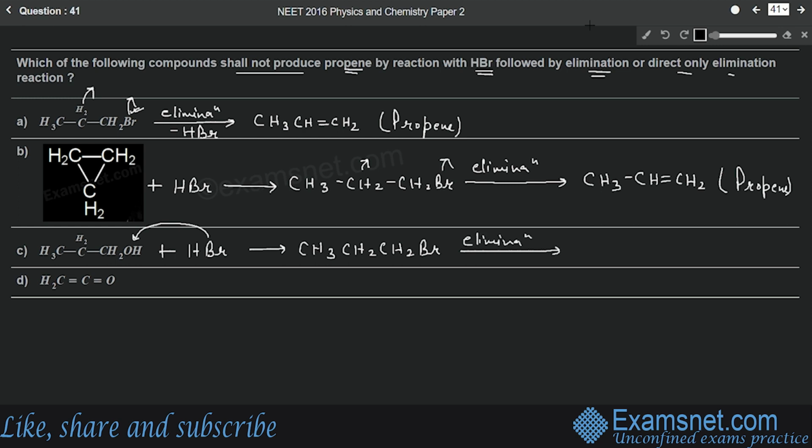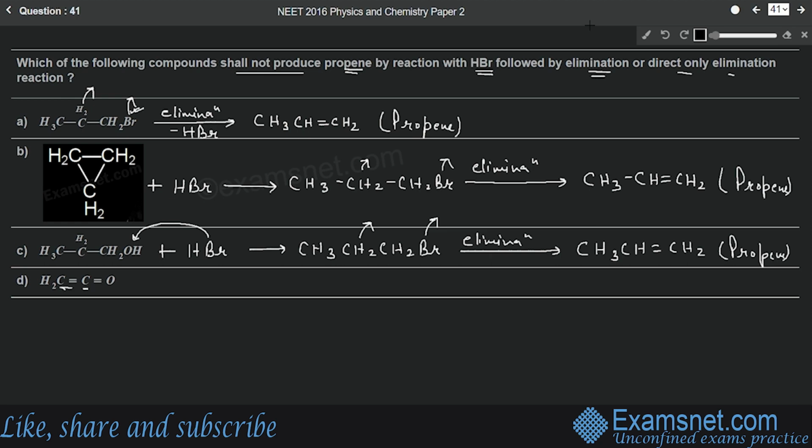Again a similar reaction will take place. Bromine from here and hydrogen from here will be eliminated and propene will be obtained, CH3, CH, double bond CH2. So in the first three compounds, the final product is propene. So it is obvious that the last one will not give propene, but still let's check.